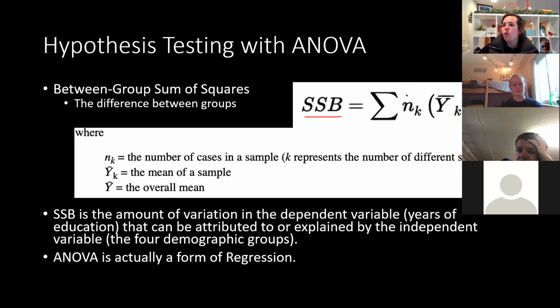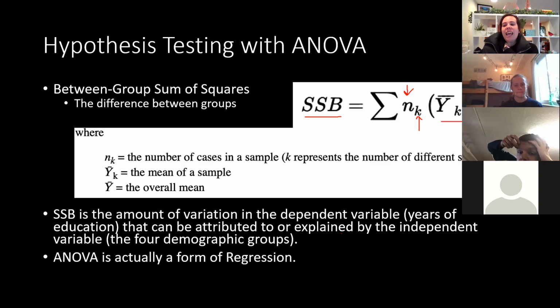Your Y of K is the mean of a sample, and this is the overall mean. You sum that and square it, and that's your sum of squares between groups.